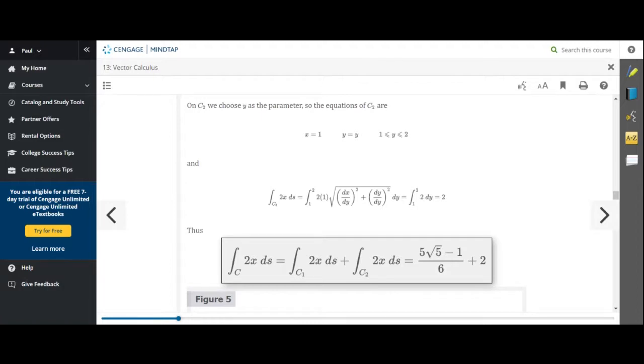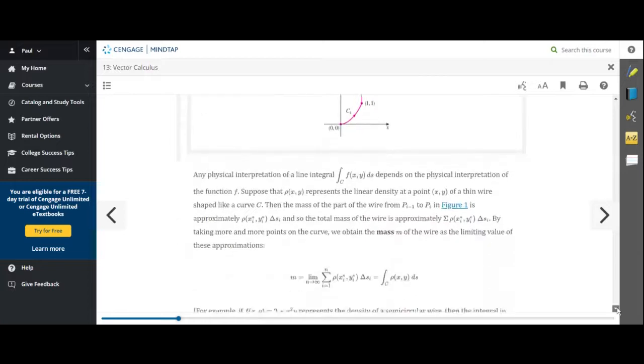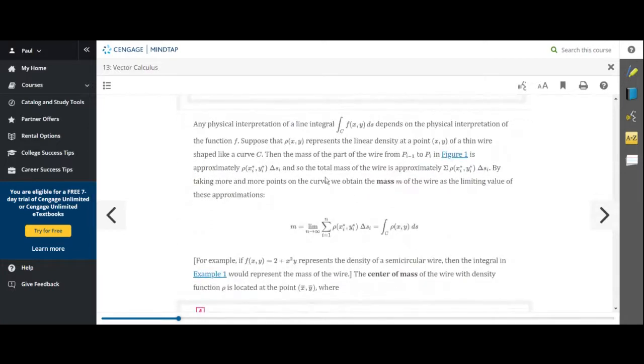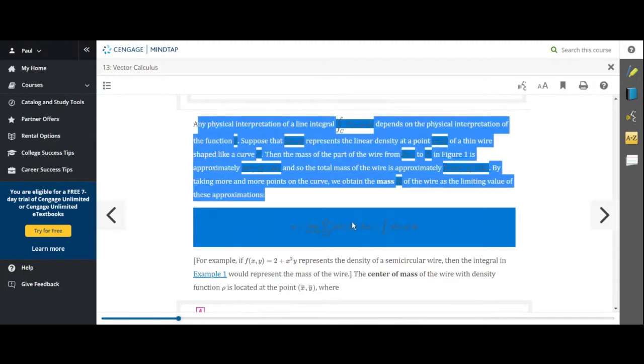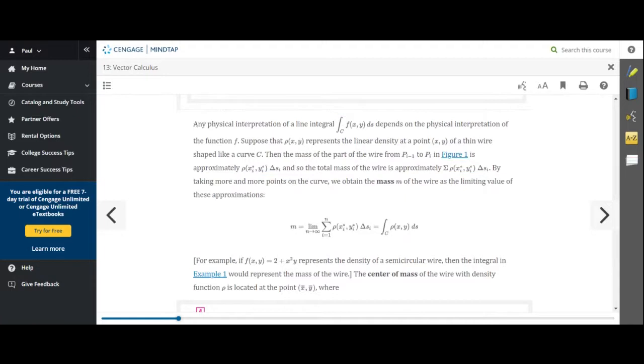Okay, and they mention here, in terms of an application, and I don't want to get too deep into physics, the mass of a wire. If you have a density function and you multiply that by the arc length, then the mass of the wire would be a line integral.